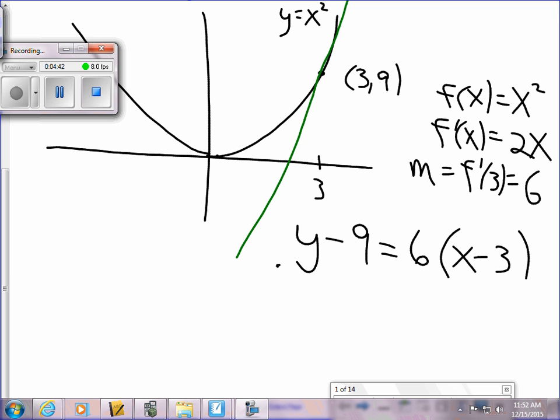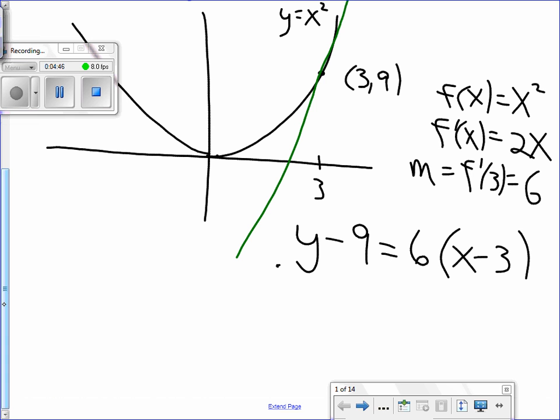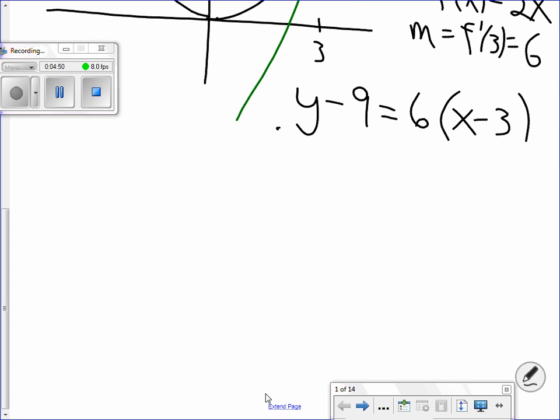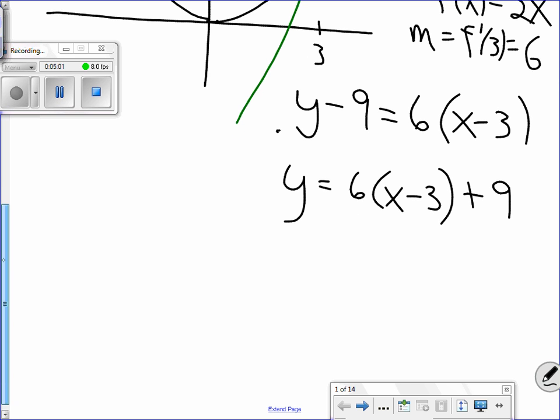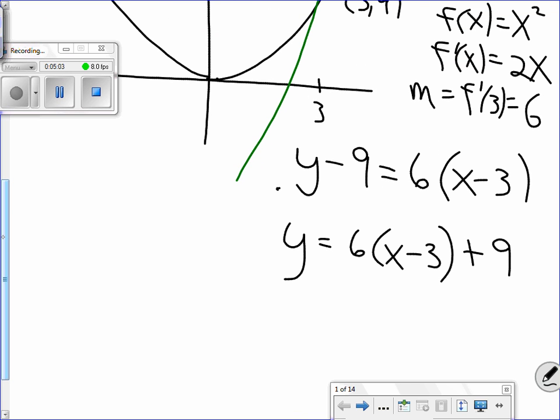Let's just add 9 to both sides. I don't want to distribute. I have my reasons. It's not wrong to distribute. It's just going to be easier to work with. So that means that y on the tangent line is equal to 6 times (x minus 3) plus 9. That's the equation of our tangent line.